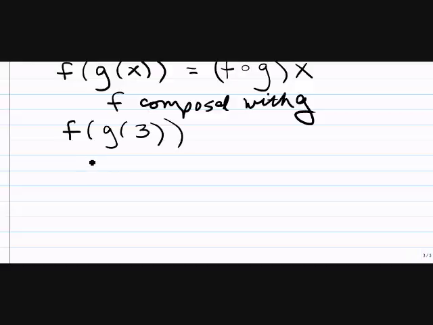Step 1 is to evaluate the inside function.